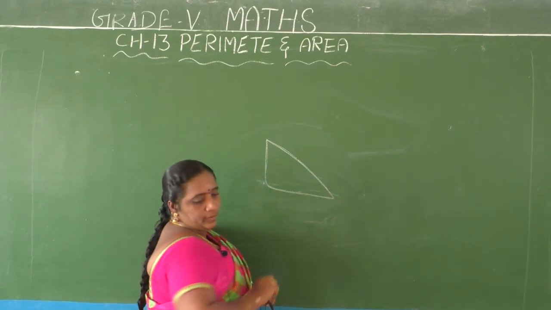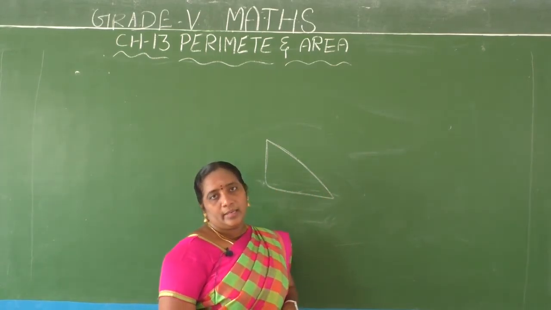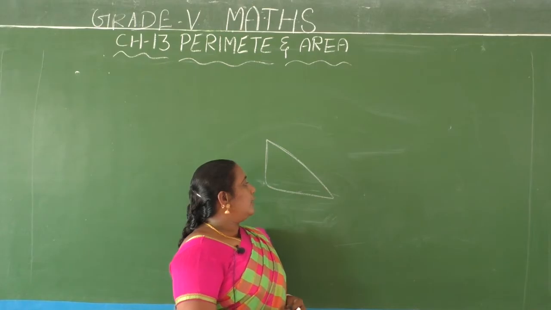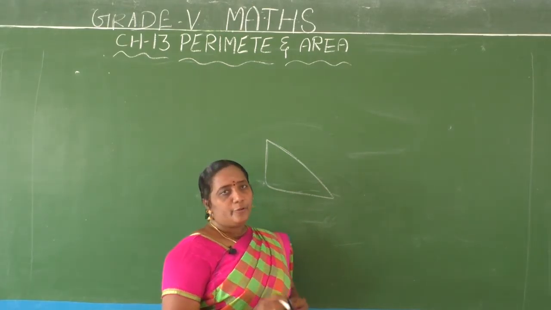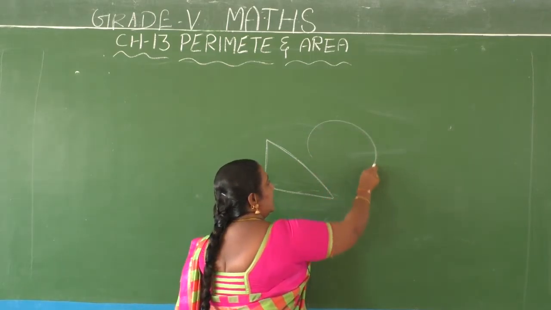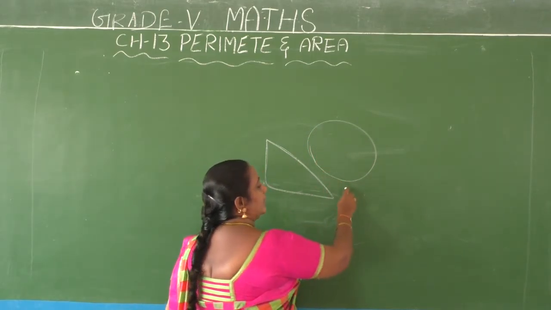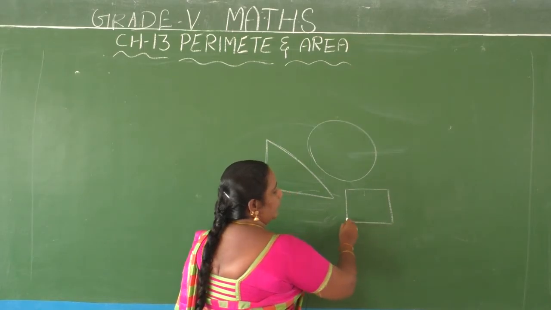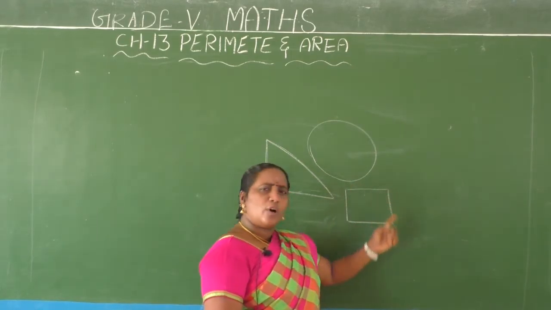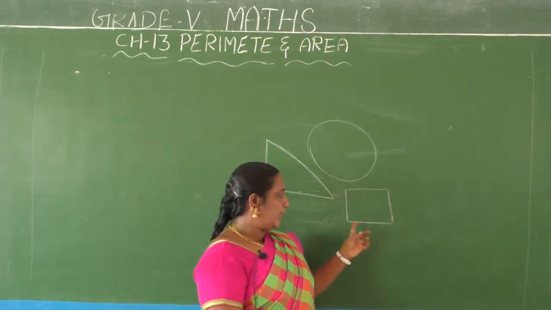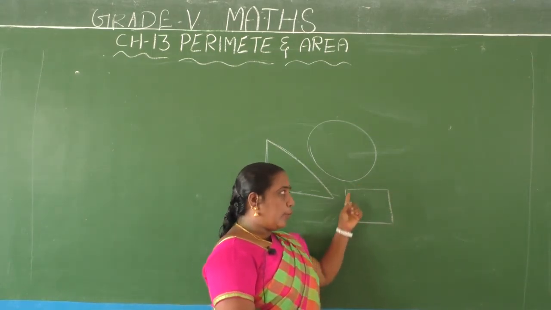Length of its boundary only we are calling the perimeter. If we have to find the perimeter, it is definitely a closed figure, anything closed figure. Otherwise we can say it's the sum of all sides, the total length of the closed figure's boundary.